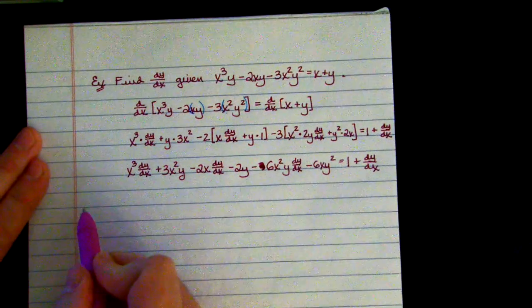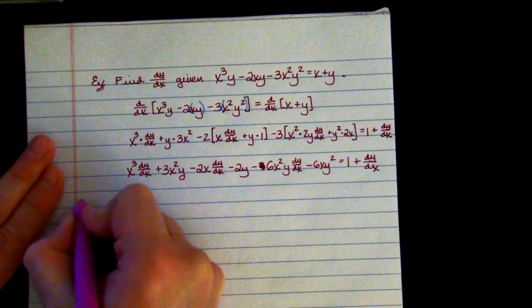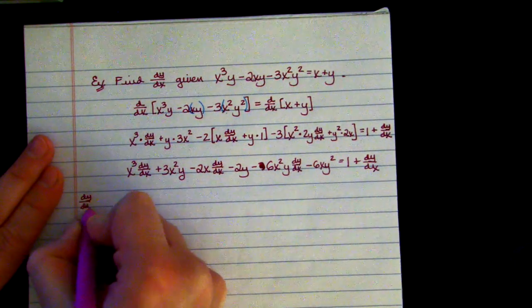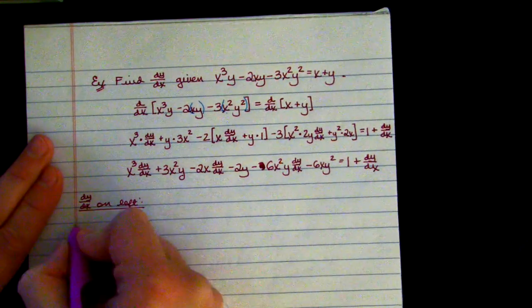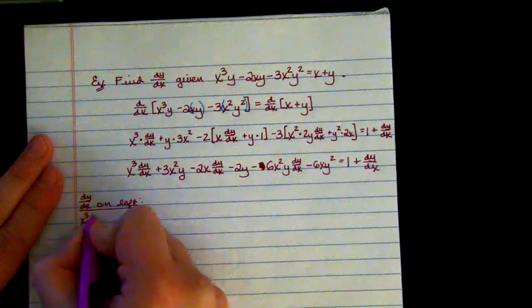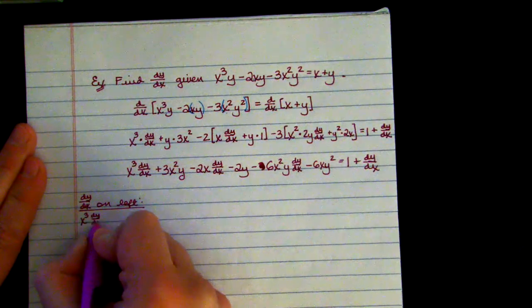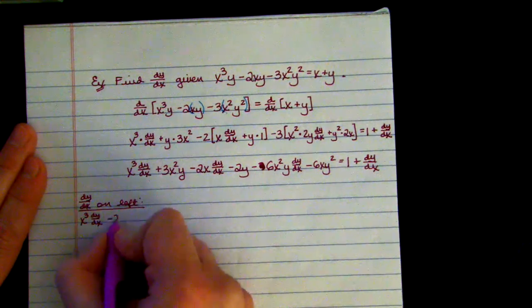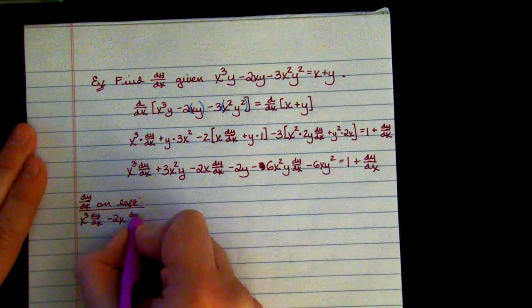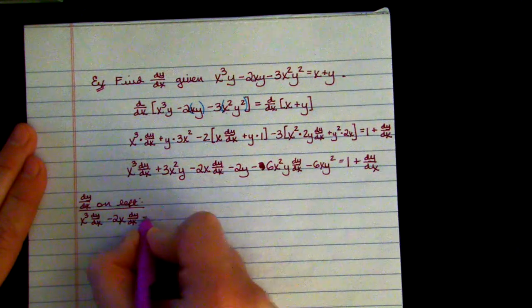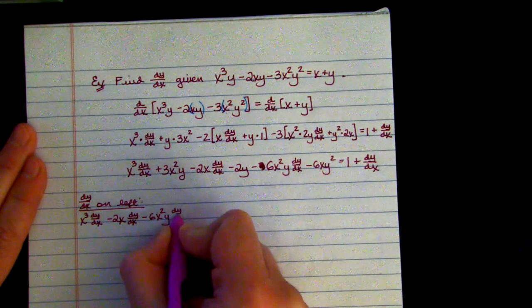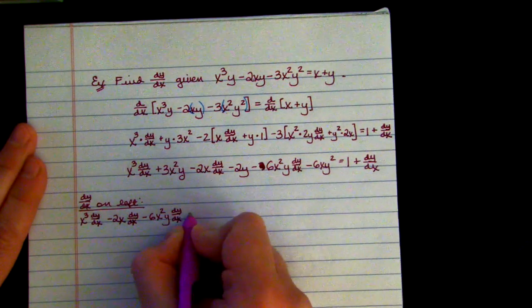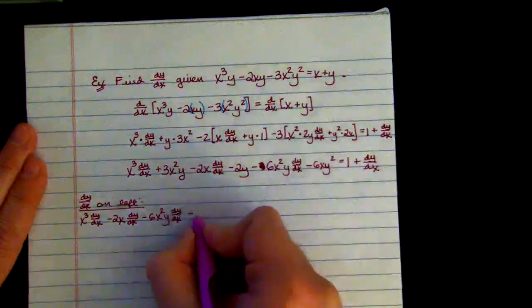If I want my dy dx's on the left, let's see, I'm going to get x cubed dy dx minus 2x dy dx minus 6x squared y dy dx minus, I'm going to bring that to the other side, dy dx.